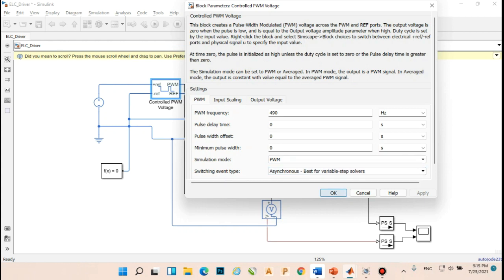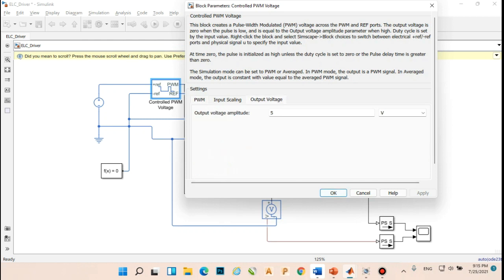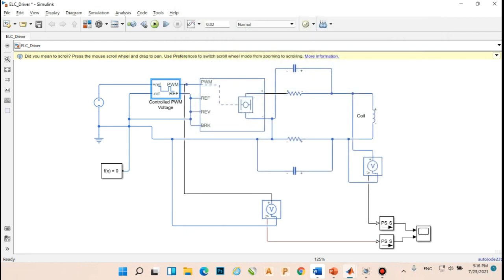I use 490 Hz. The output voltage is 5 volt level as the microcontroller output, or we can use 3.3 volt as output.